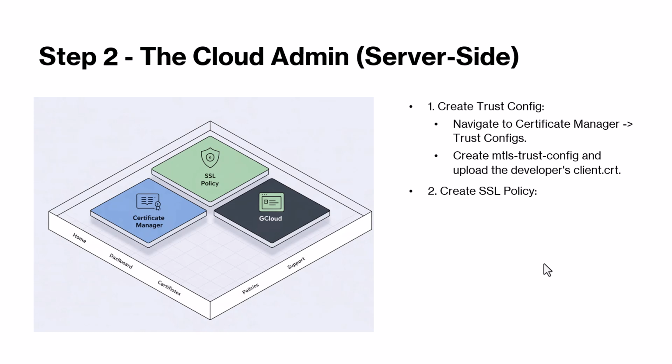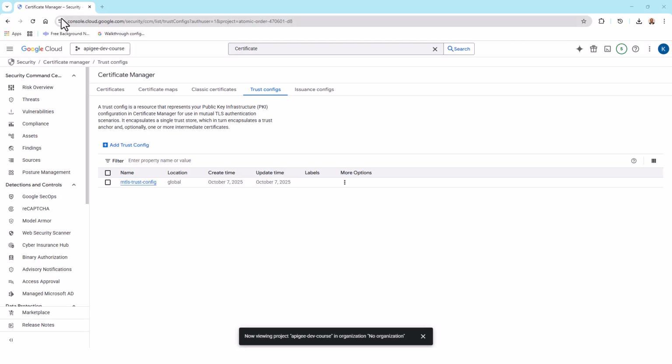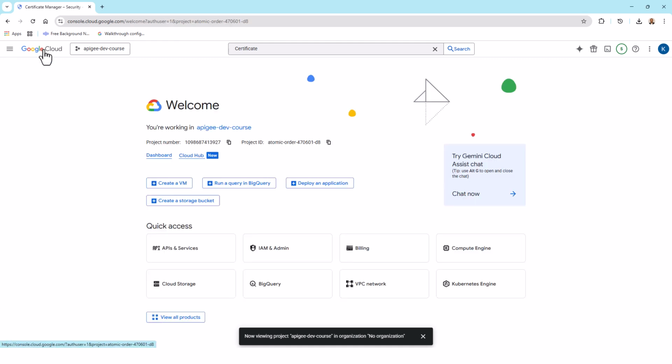So create an SSL policy. Navigate to network security, SSL policies, and create a global policy named mTLS enforcement policy. Okay, so create an SSL policy. Back to our certificate manager portal on Google Cloud, I will just click on Google Cloud, and now this time I will navigate to SSL policies.